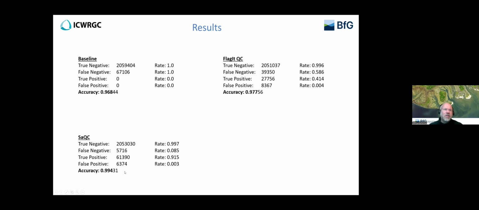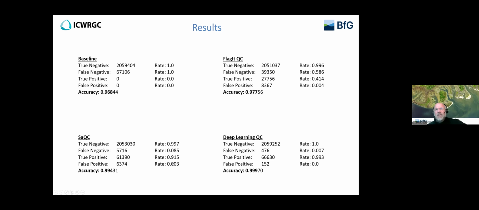And we have now an overall accuracy of 0.994. And with our deep learning approach, with the very simple LSTM model, we can catch much more of these anomalies here.